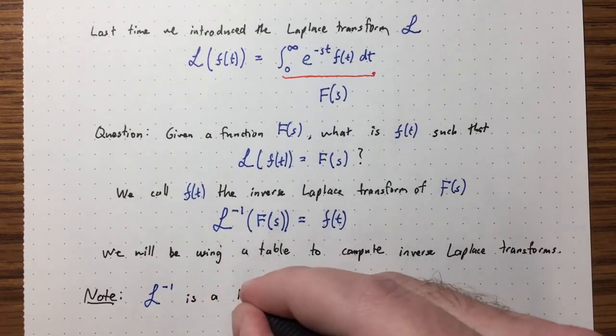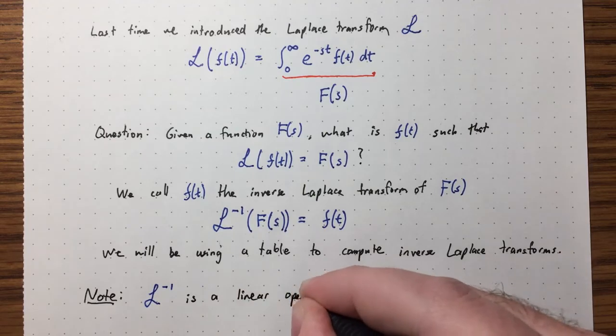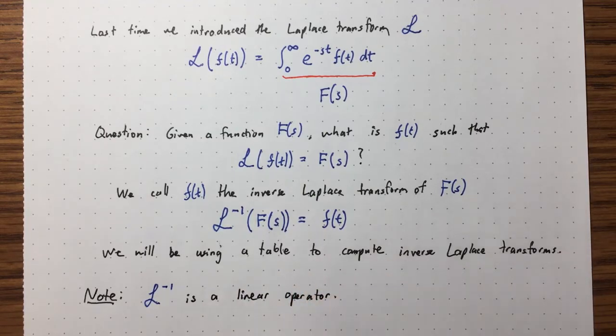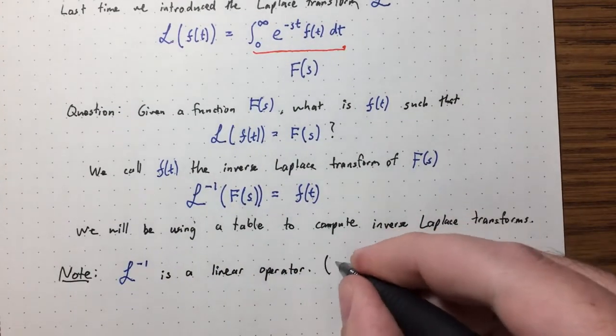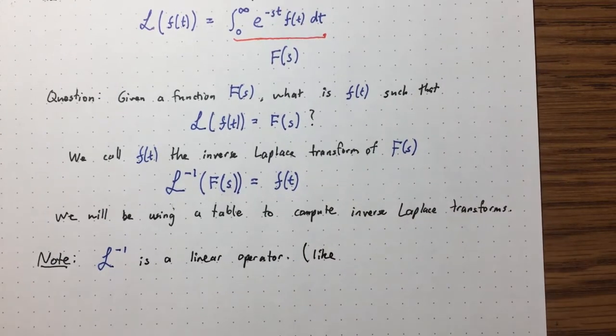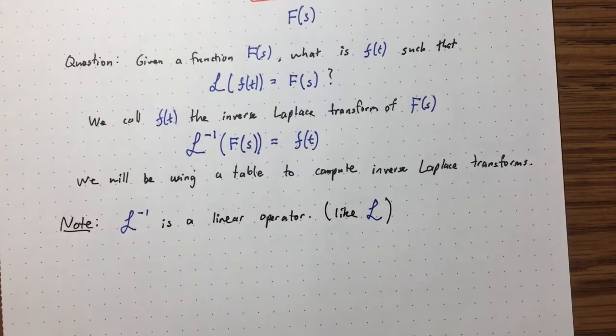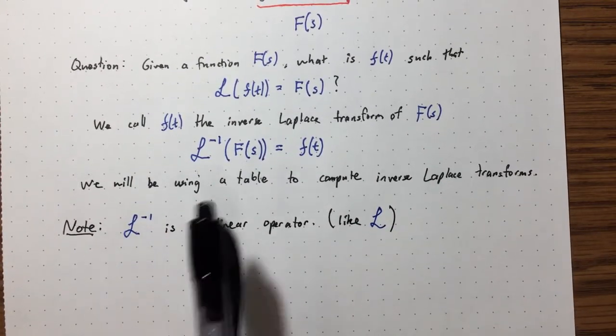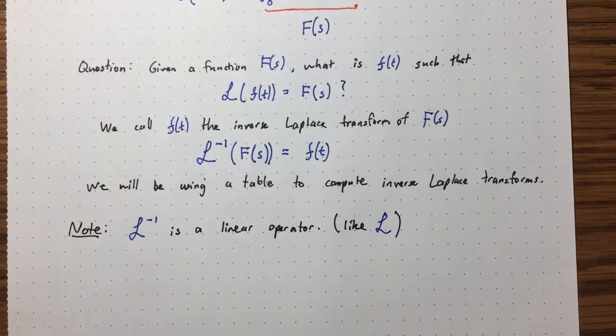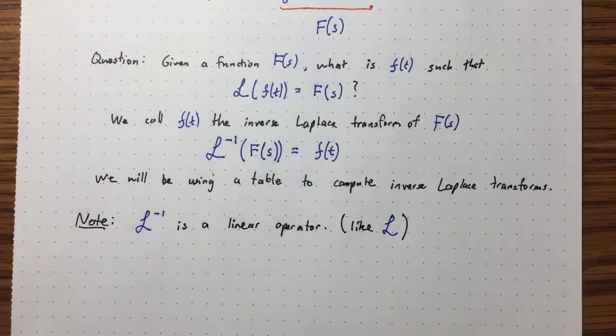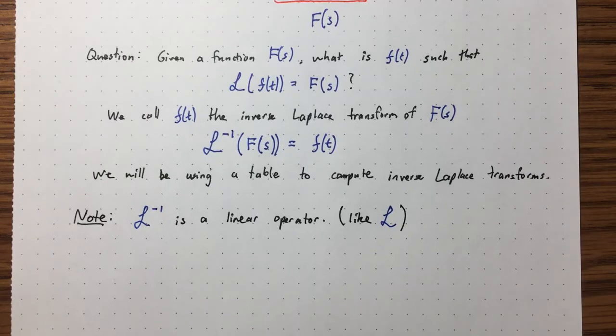Meaning, for a sum of two functions of s, you can take the inverse Laplace transform of both parts separately and then add them. And you can pull out constants as well.